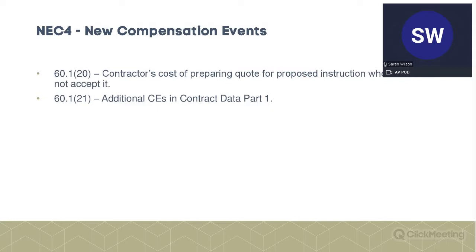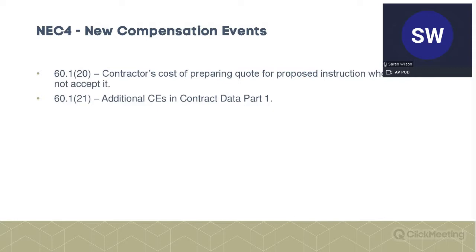If the project manager does accept it, then it's as per the usual. So for A and B, the cost of preparing the quote is deemed to be included in your fee percentage. But for options C, D, and E, you are allowed to claim that cost of preparation within your costings.